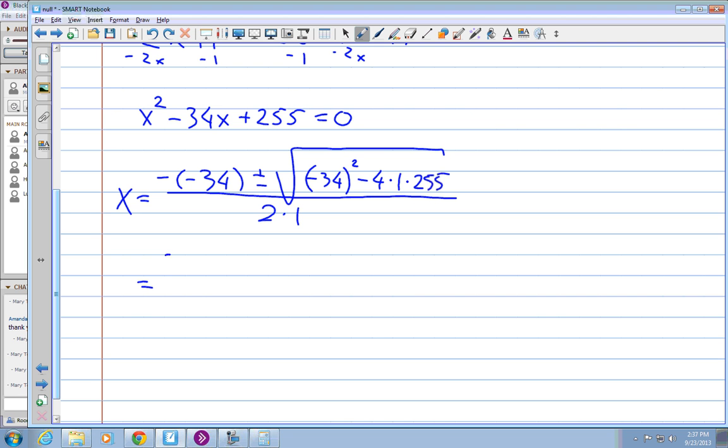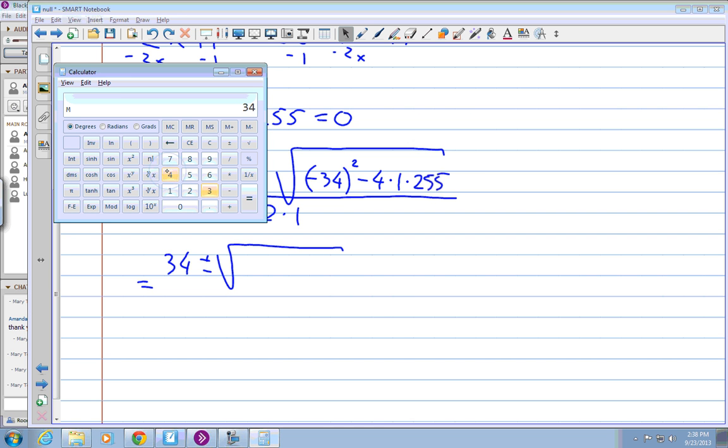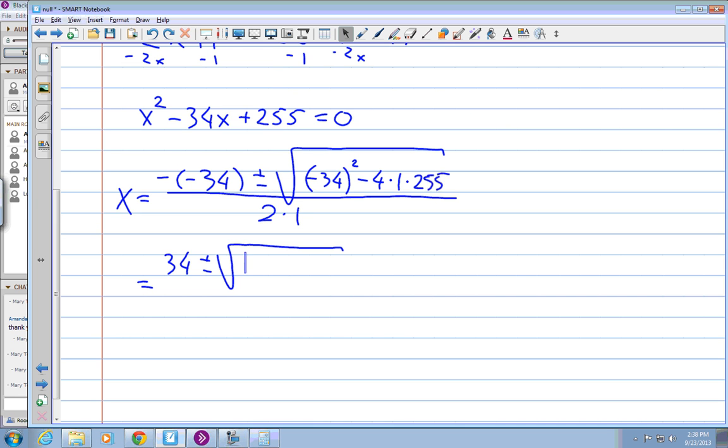So we get 34 plus or minus the square root. What is 34 squared? 1156 minus, what is it? 1020? 1020?